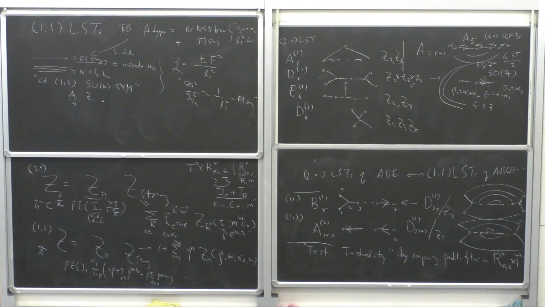Now, the challenge is the D and E cases, also non-simply-laced groups, and there are a lot of additional subtleties. For example, the instanton string in the (1,1) theory with non-simply-laced group is not a little string. It's a fractional little string.